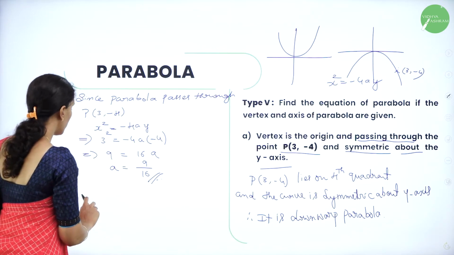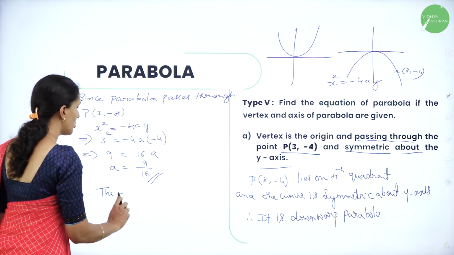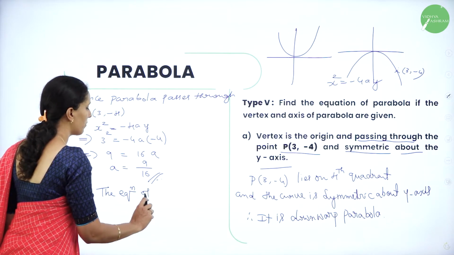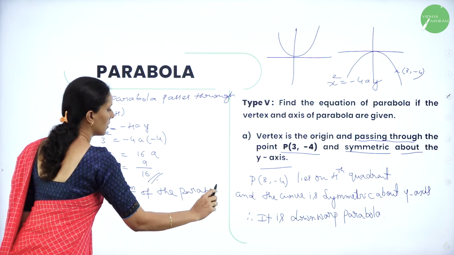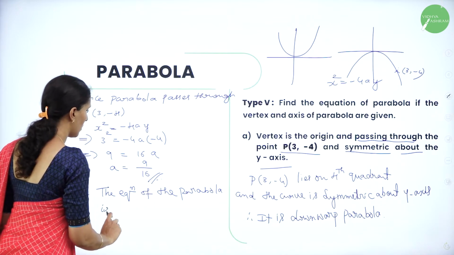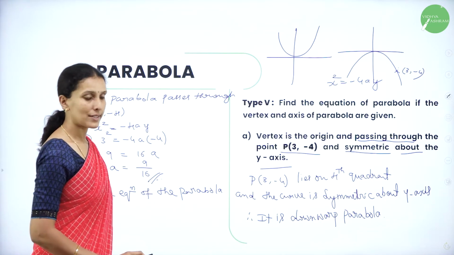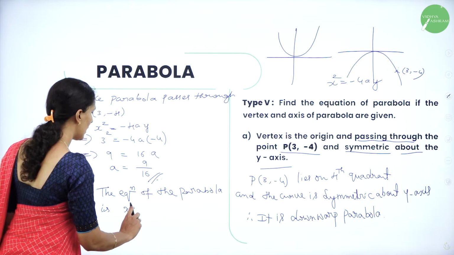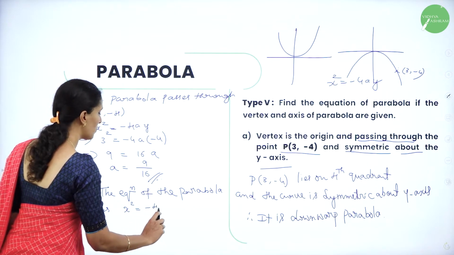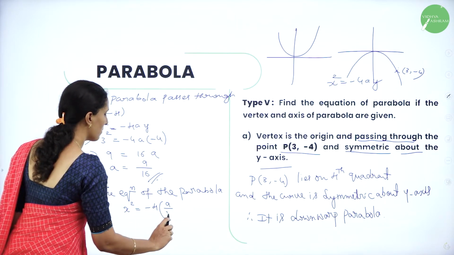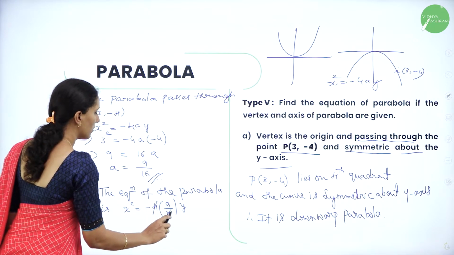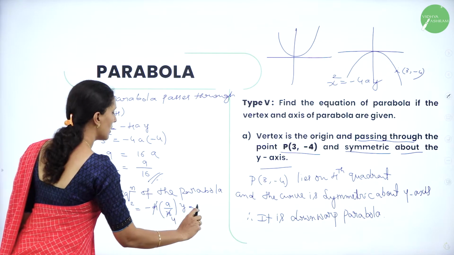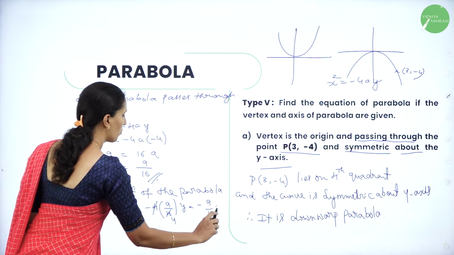So therefore, the equation of the parabola is, what is the general equation? x square is equal to minus 4ay. This is x square is equal to minus 4 into a, which is 9 by 16, into y. 4 cancels 4, which is minus 9 by 16... minus 9 by 4y.